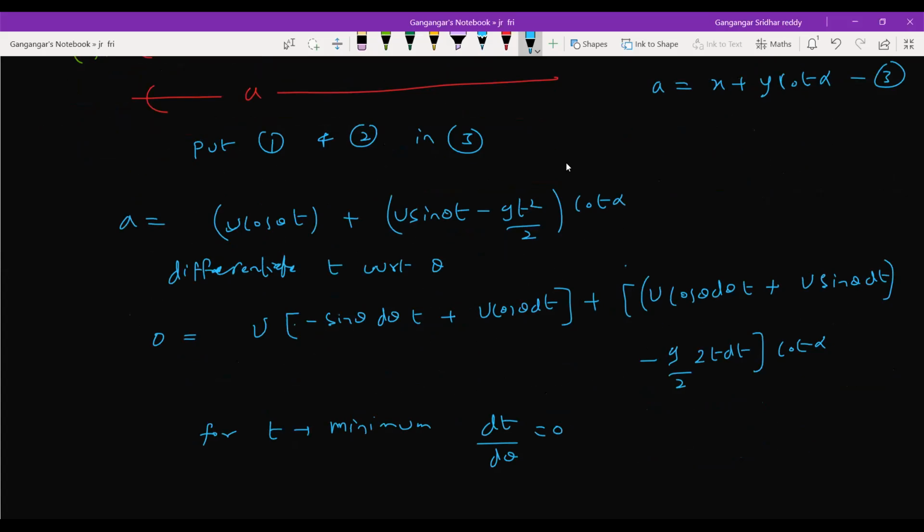So anybody got the value of theta? Sir, I put it in the chat, sir. Can you check it once? Chat. Okay, yeah. u cos theta tan alpha, it will be u tan theta.